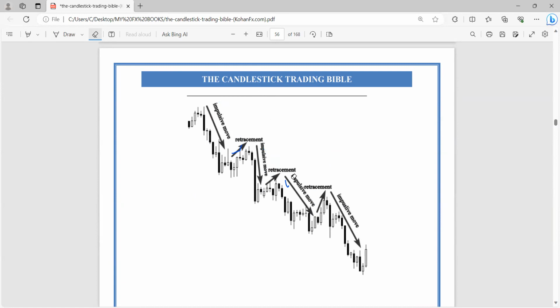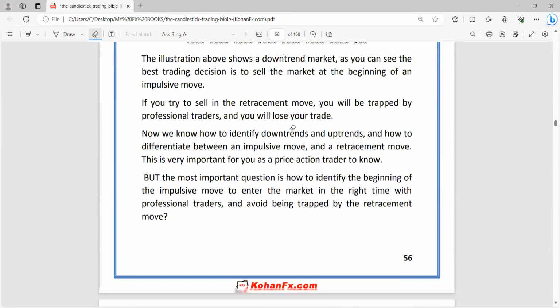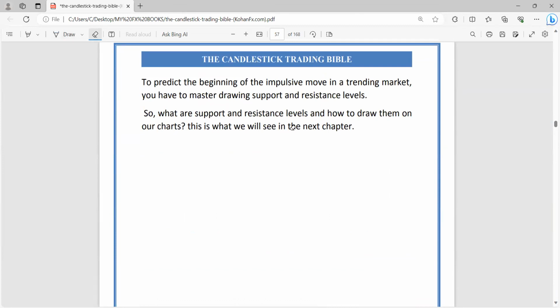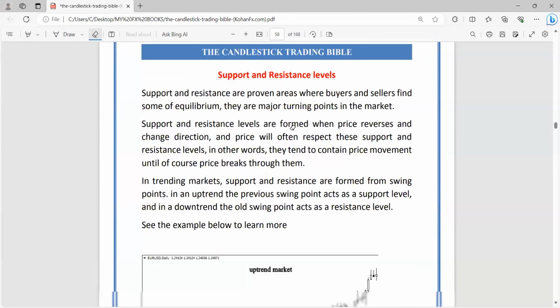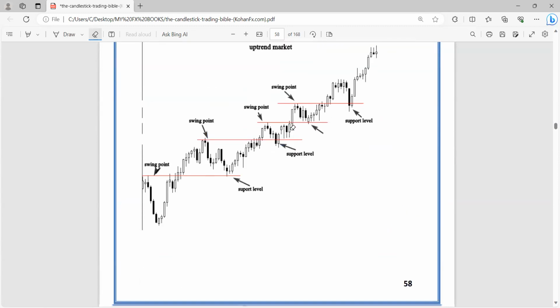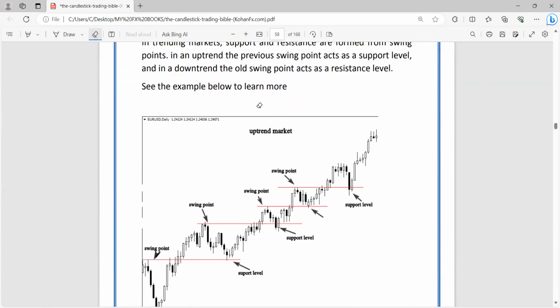Let me remove this. Yeah, so the first example is on an uptrend.